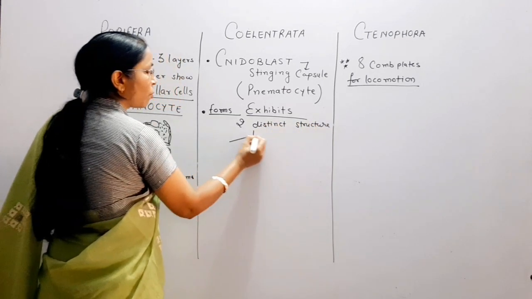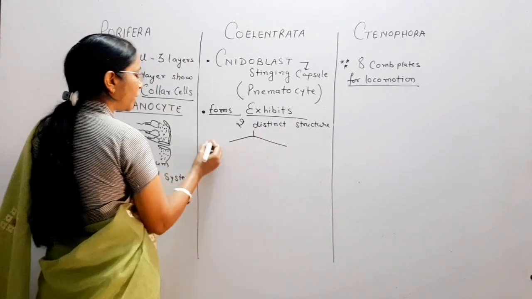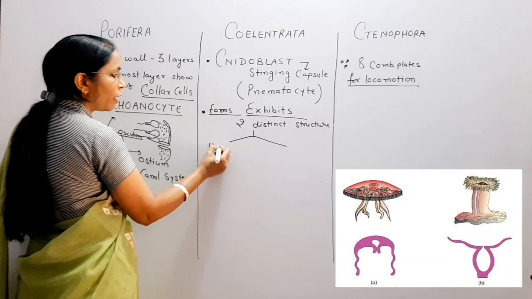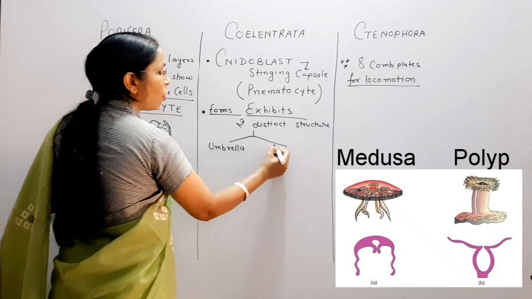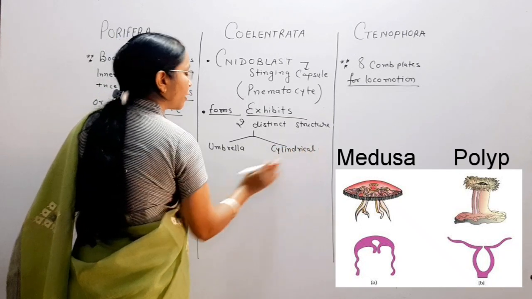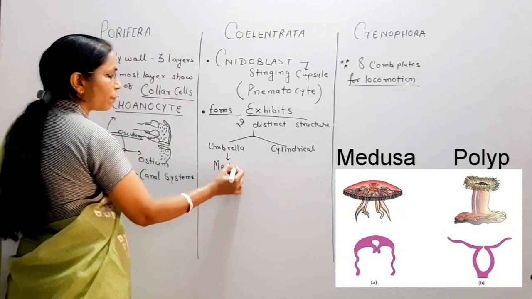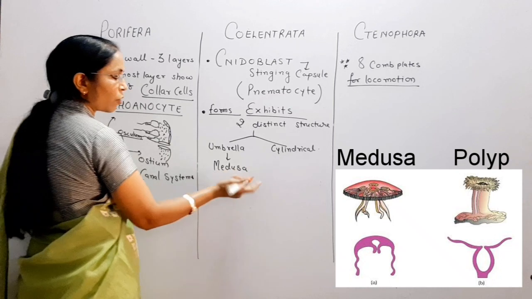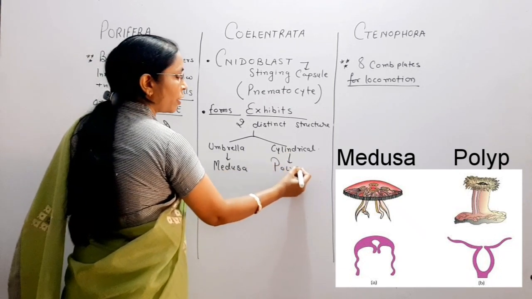Some of the coelenterates are present in an umbrella-like structure, and some appear in a cylindrical structure. The umbrella-like life form is called medusa or medusae, and cylindrical forms are called polyp.